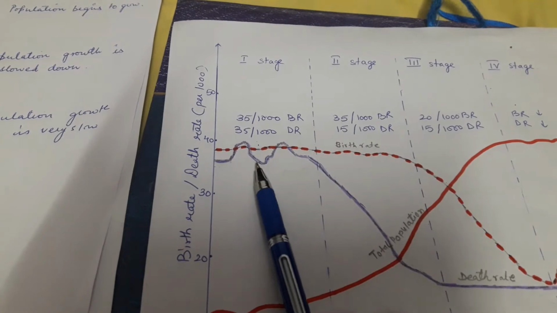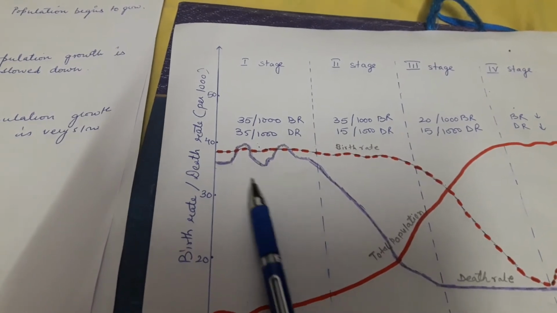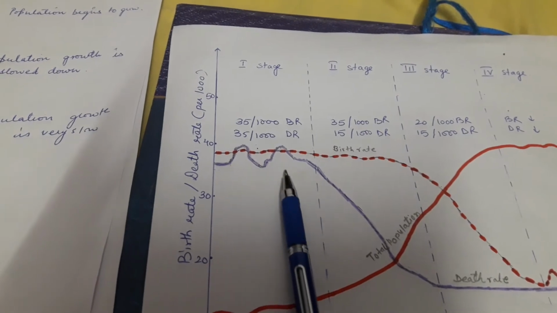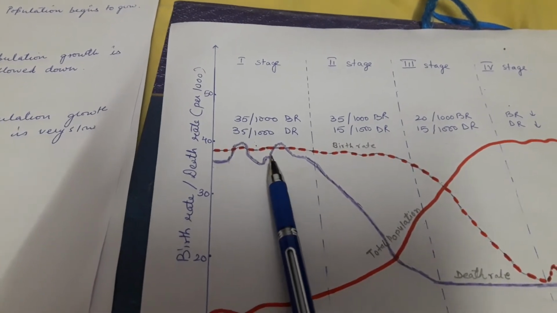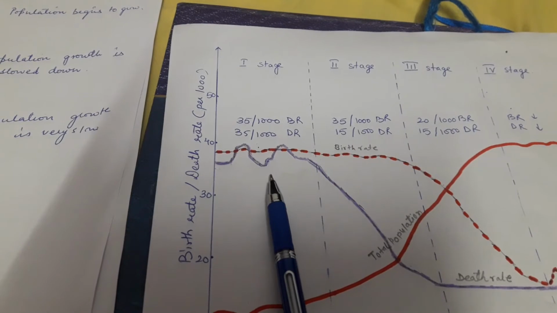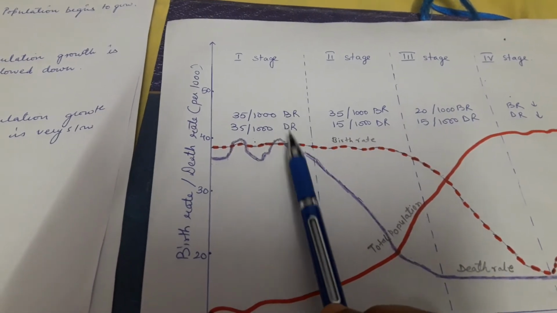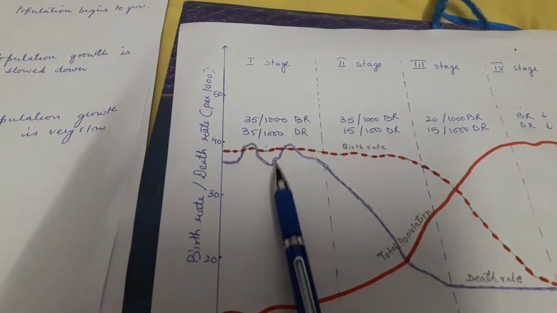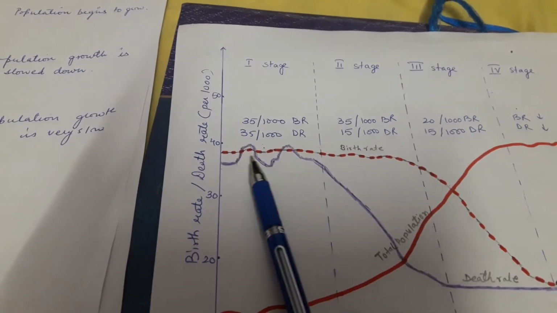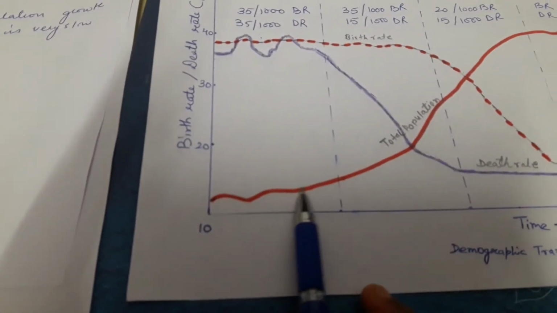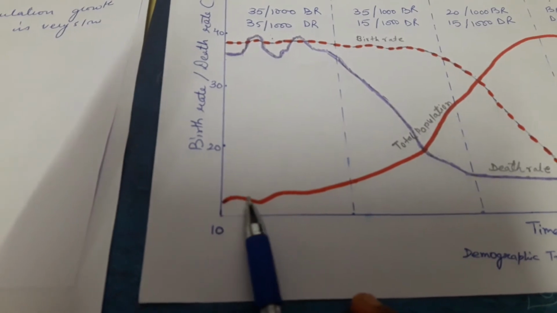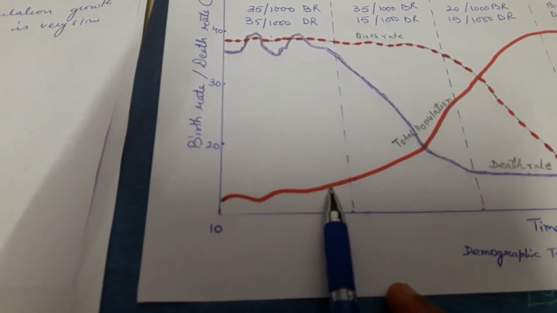This stage is in the agrarian society, the underdeveloped, developing countries where there is no urbanization or industrialization. Both rates are high, but the population is stable. This red line marking population growth is almost stable.